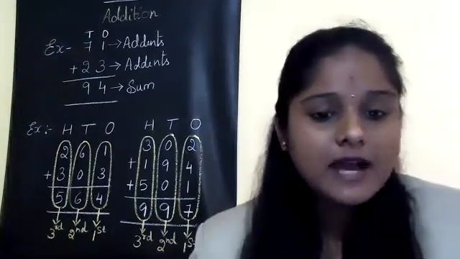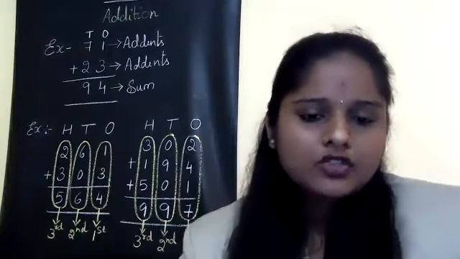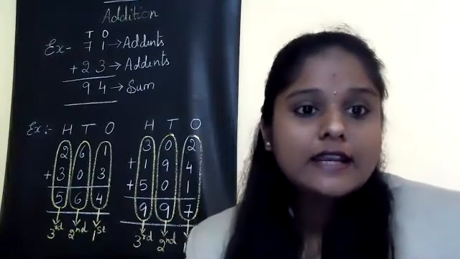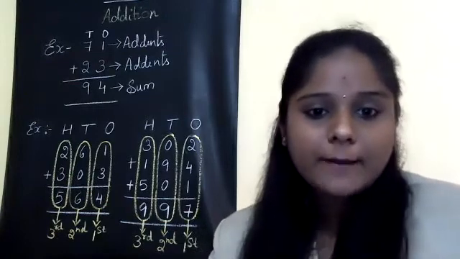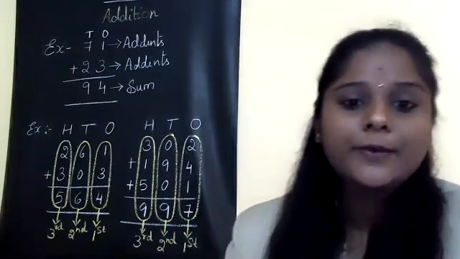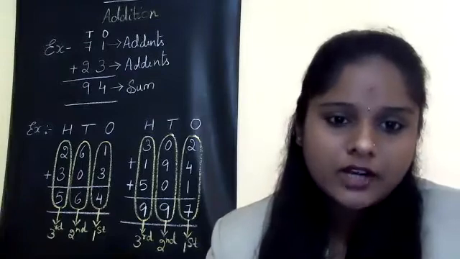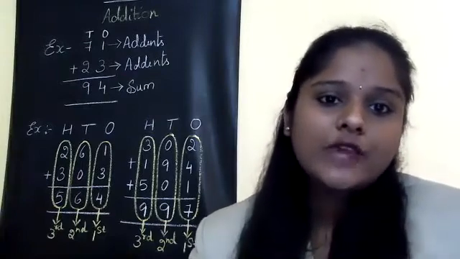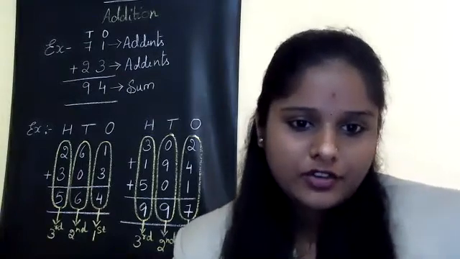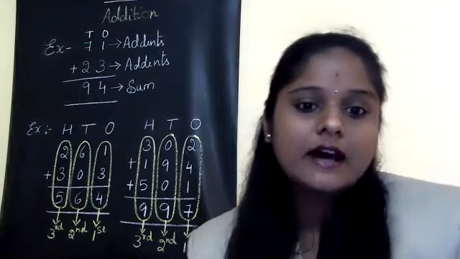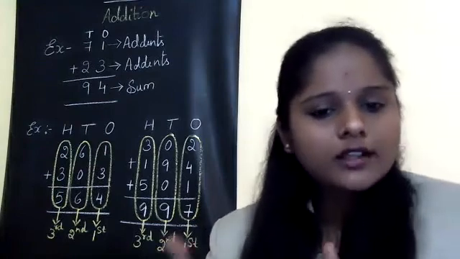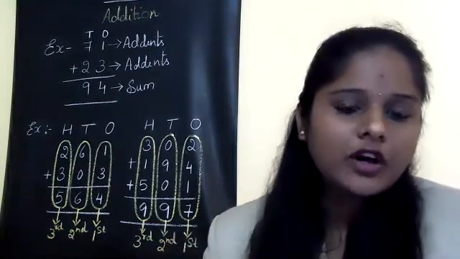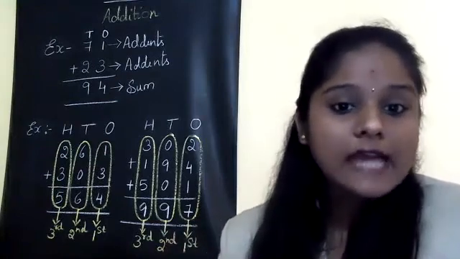So the first term is addend. So what is this addend? The numbers used for addition, or the numbers that are undergoing the process of addition, such numbers we call addends. Okay, so the numbers that are undergoing the process of addition or the numbers that are used for addition are called addends.